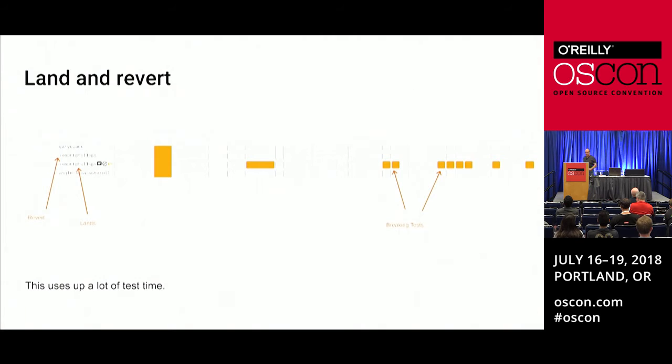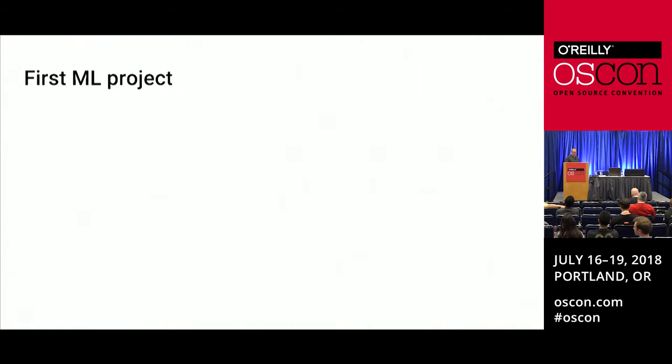So Robert's on top of his game, he immediately reverted it, all right? But that means we have run all of the tests for his landing and all of the tests for his revert. Now that CL landed because those bots that failed were not on the commit queue, right? But we've now done basically 2 rounds of testing on everything, 3 million images rendered, and we haven't gotten any further. Well, we now know where that CL breaks.